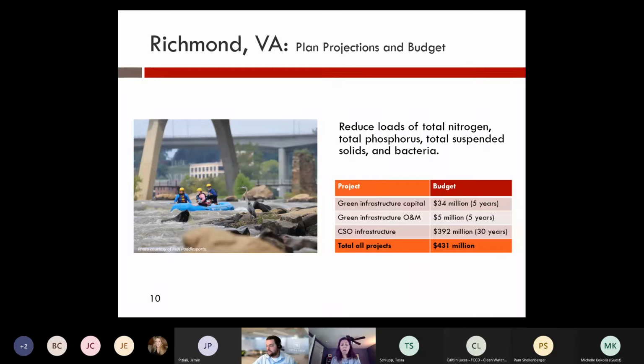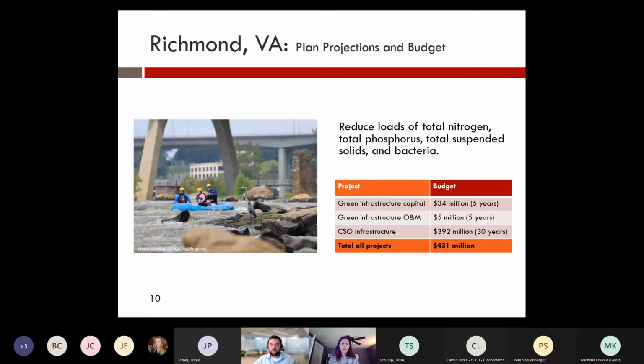So what they did is they developed a plan, and they looked at how they engaged the stakeholders, and they looked at how they could reduce these loads across all of their systems. And many of the projects, to give you just a quick overview, were many green infrastructure capital improvement projects.